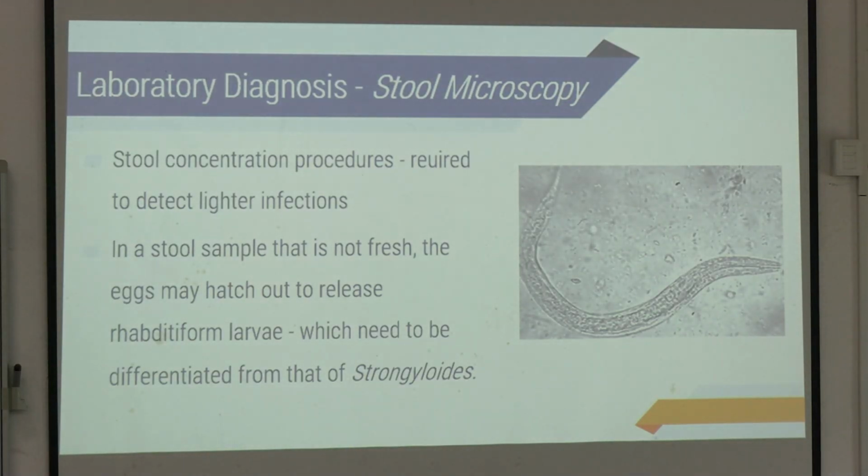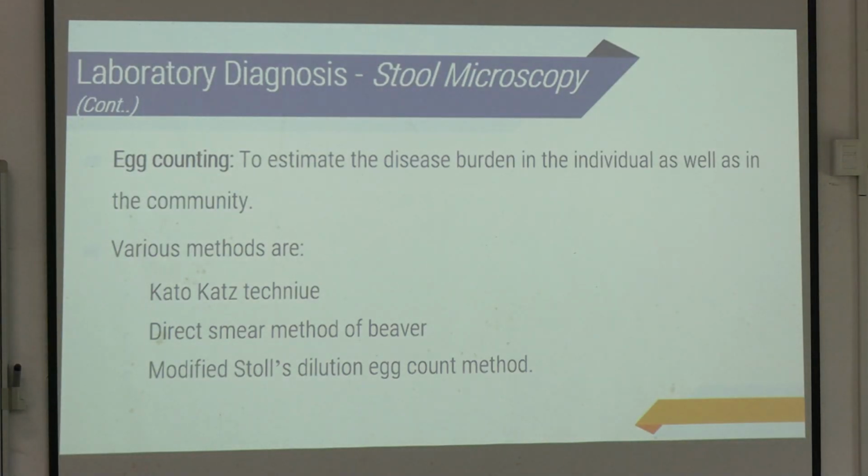Now, the stool concentration method: if the stool sample is not fresh, the eggs may hatch out, and the larva can be seen. If larva is seen, it should be differentiated from Strongyloides larva. Egg counting: at least remember the methods of egg counting.